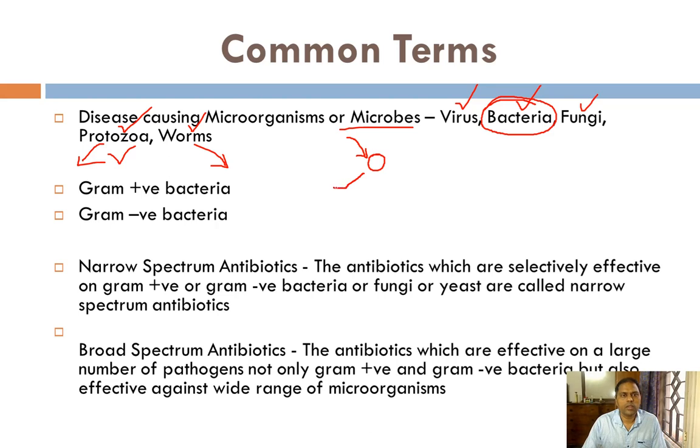Some bacteria take the stain, take the color, and when they stain, they are called gram-positive bacteria. There are many examples of gram-positive bacteria, like streptococci, staphylococci. When the bacteria does not take the dye, such bacteria are called gram-negative bacteria.